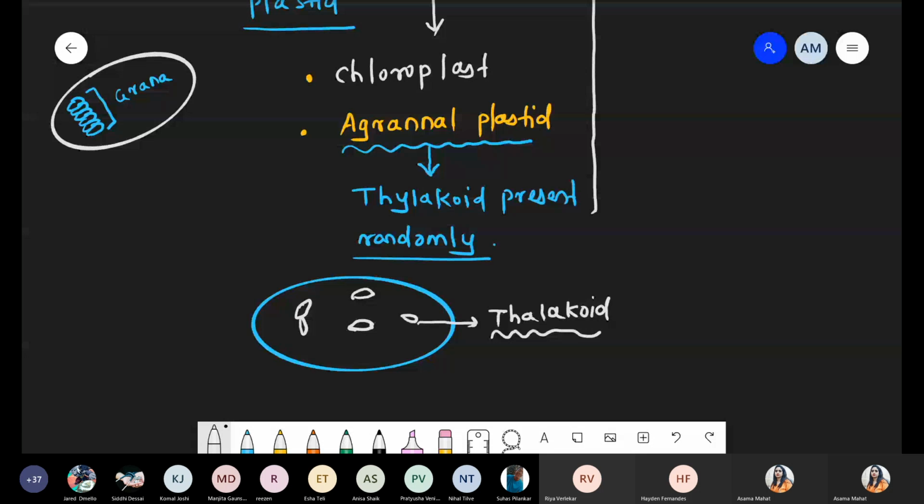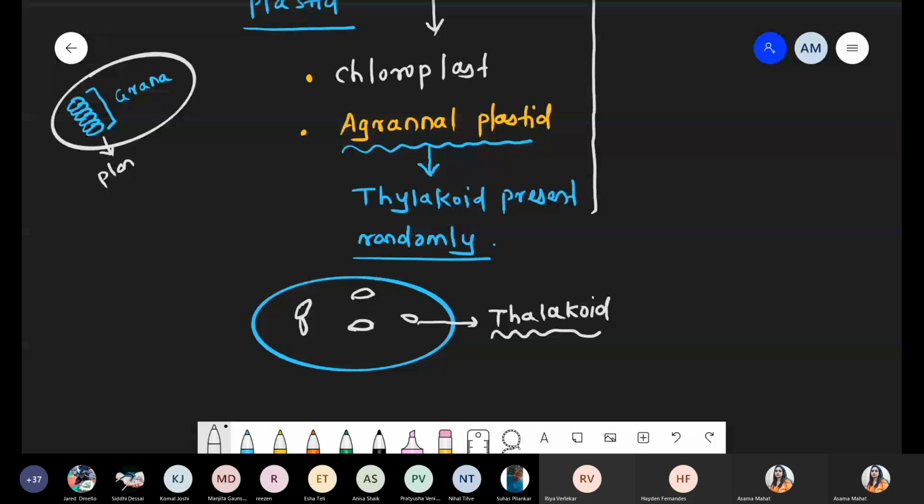Whenever we are talking about higher plants, the typical structure of grana is present. It means thylakoids are arranged in a linear fashion. So yes, it is true, but only for higher plants. But algae are the lower class under the plant kingdom.